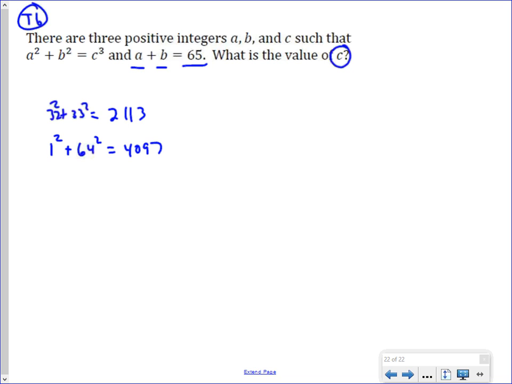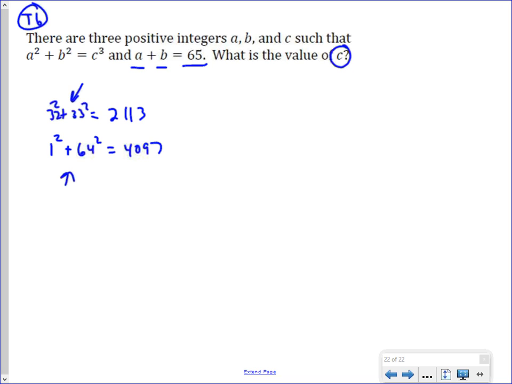And if you started playing around with it, you will find out that this, when they are as close together as possible, is the smallest a squared plus b squared can be. And this, when they are as far away as possible, is going to be the greatest that a squared plus b squared can be.